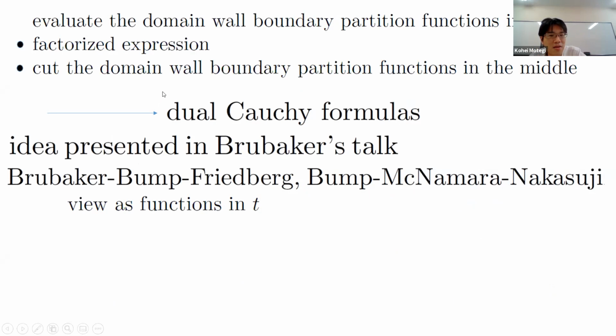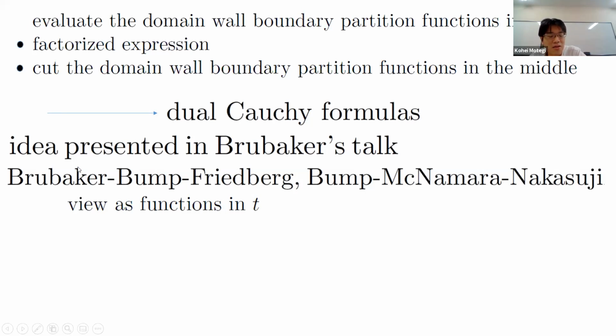And in this paper by Brubaker, Bump, Friedberg, and Nakasuji, they derived the dual Cauchy formula for Schur functions and factorial Schur functions.